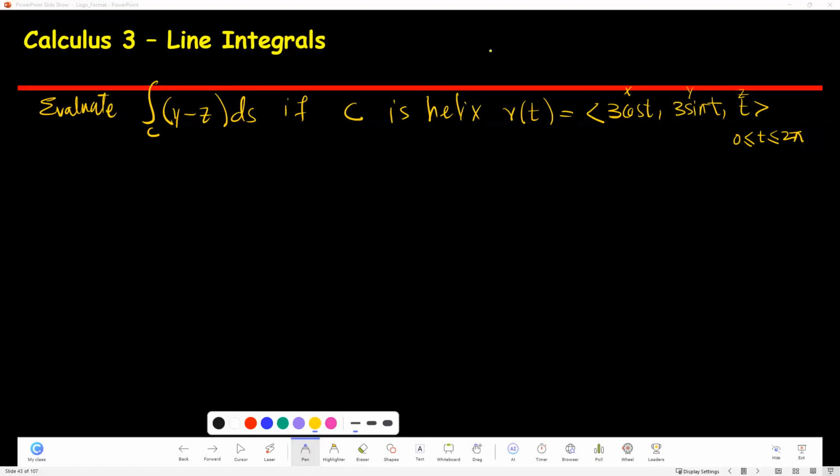We know the formula of the area equals this. I can write here ds, or I can write it like this.